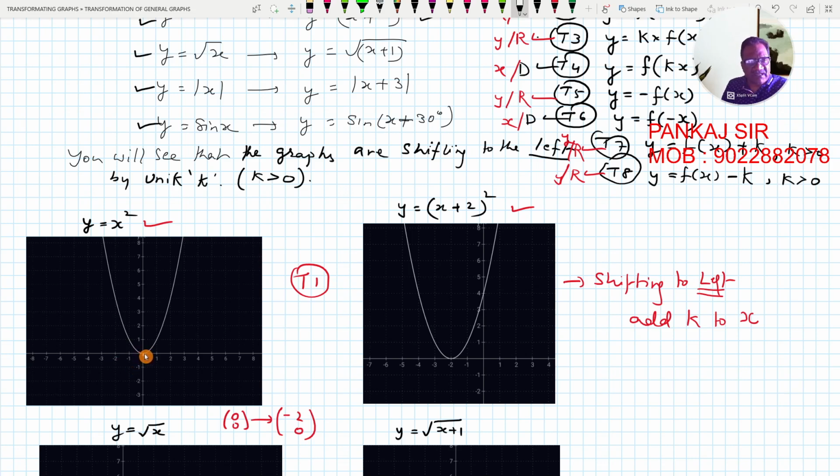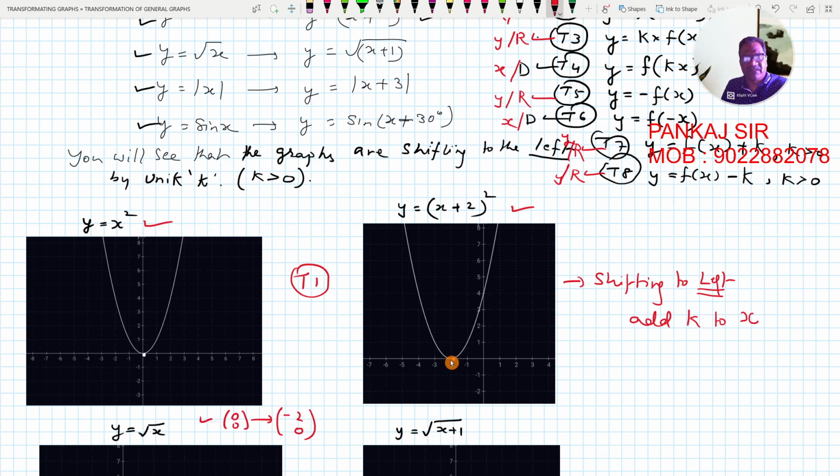The coordinate of this vertex will be 0, 0, right? Now here the coordinate of the vertex is changing to this particular point. The coordinate in the parent function was 0, 0, and after transformation the coordinate of this point is becoming minus 2, 0.